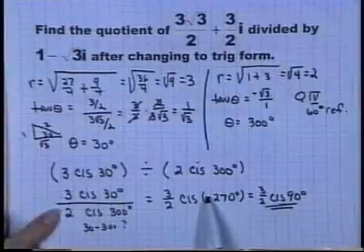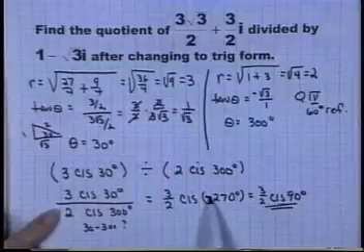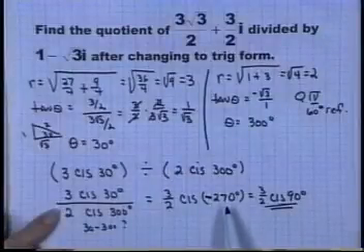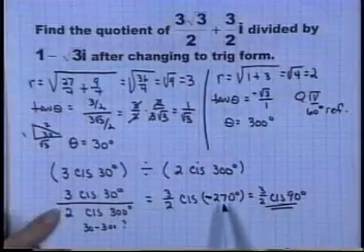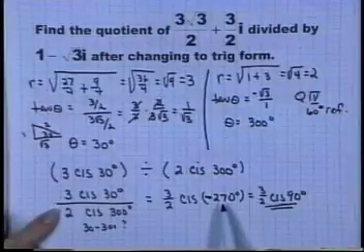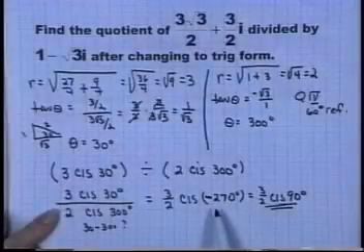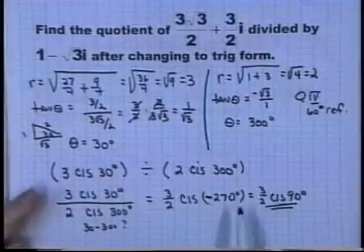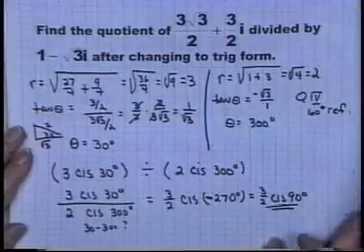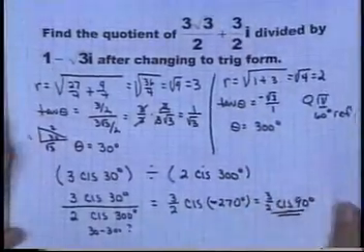Now sometimes we will want to change the form of that angle. We may want to take out revolutions, but recall in the trig form we usually write a positive angle between 0 and 360. So I'm not going to leave this negative angle. I'm going to convert it into a positive equivalent angle.